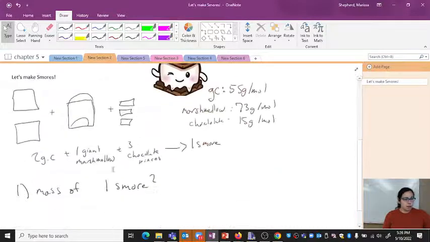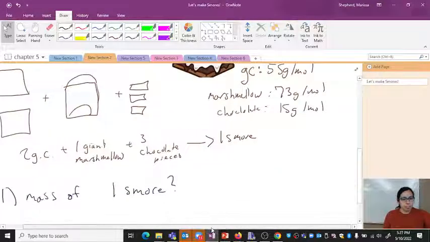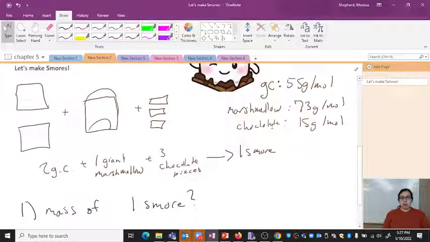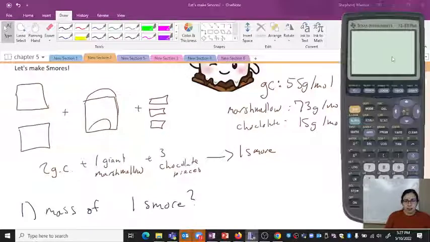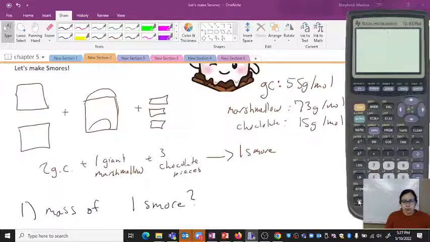And so for our s'mores, again, it makes sense when you're building the s'more, you can get your molecular weight just by adding up all the components. So just so everyone's on the same page, since we have 2 graham crackers, it'd be 55 times 2, plus our marshmallow, plus 15 times 3 for our 3 chocolates.